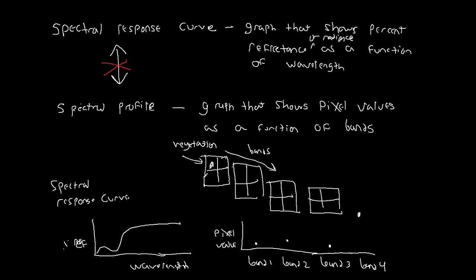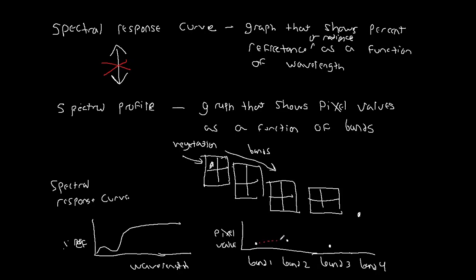What we've done here is take what was originally this continuous curve of every single wavelength and broken it up. Now we have a value for the pixel in band 1, in band 2, in band 3, and in band 4.